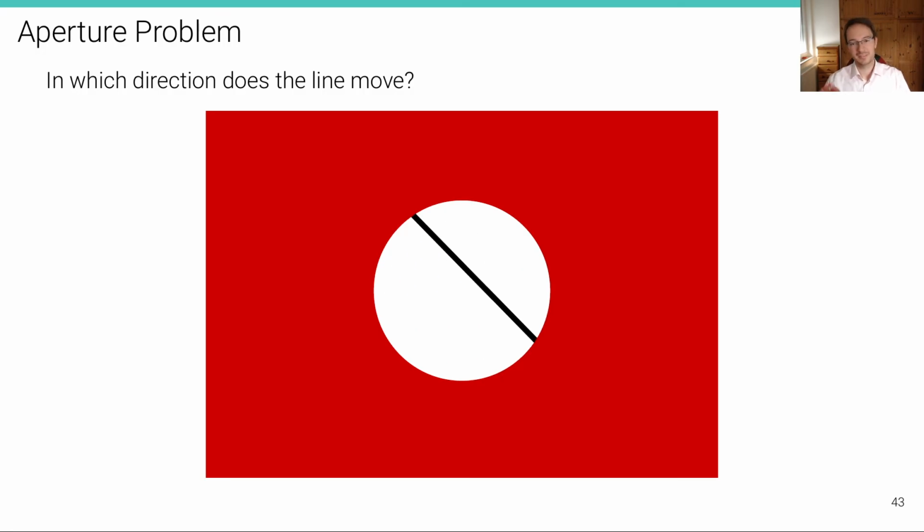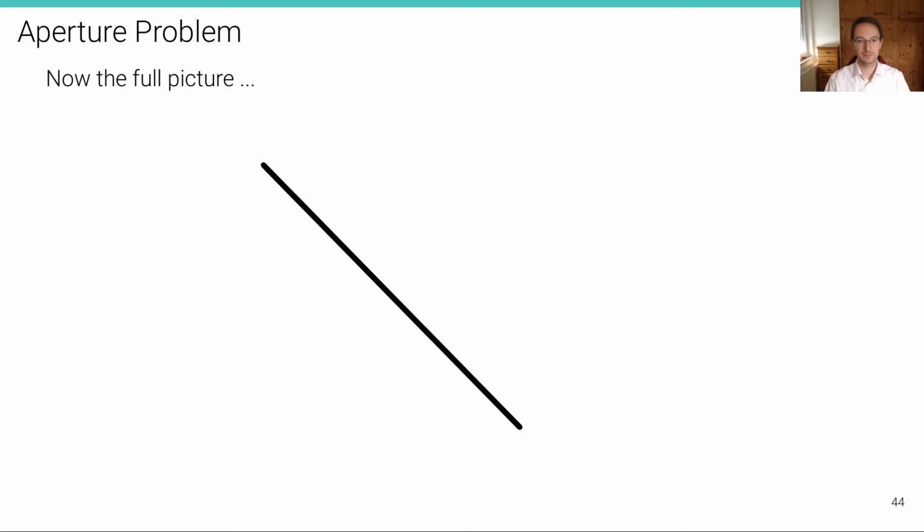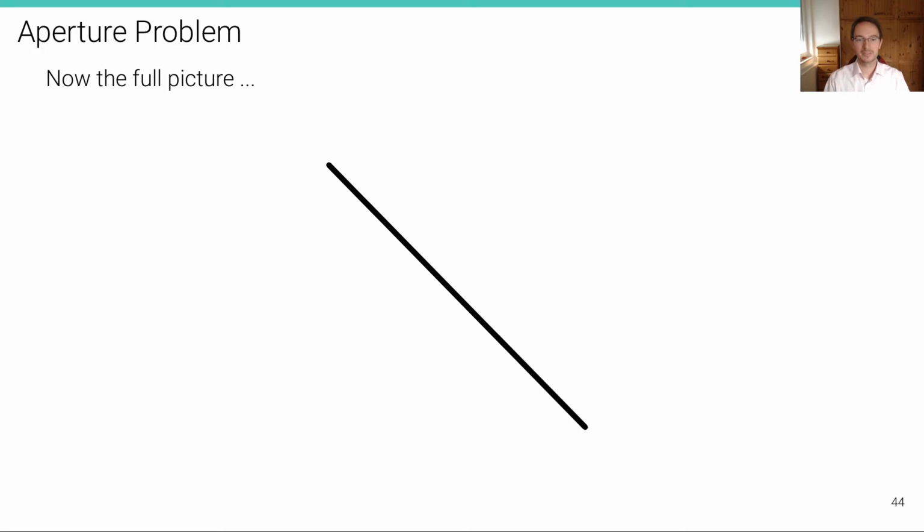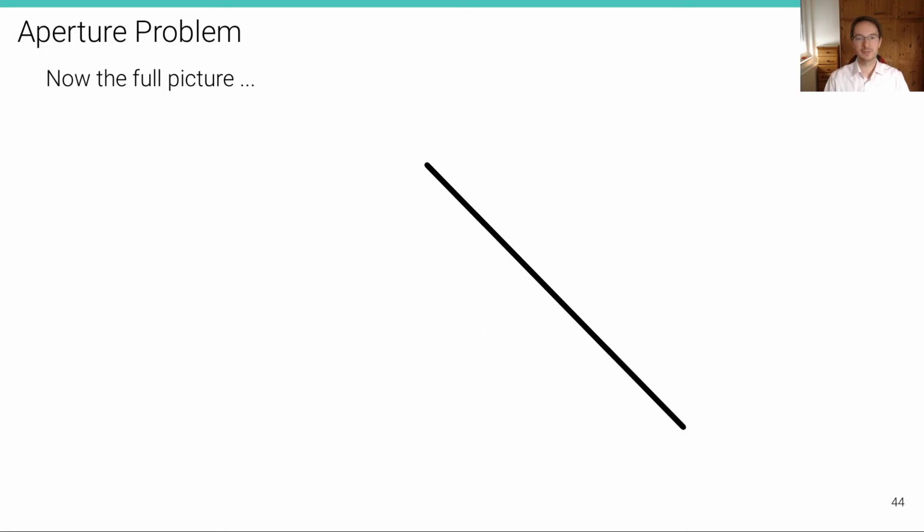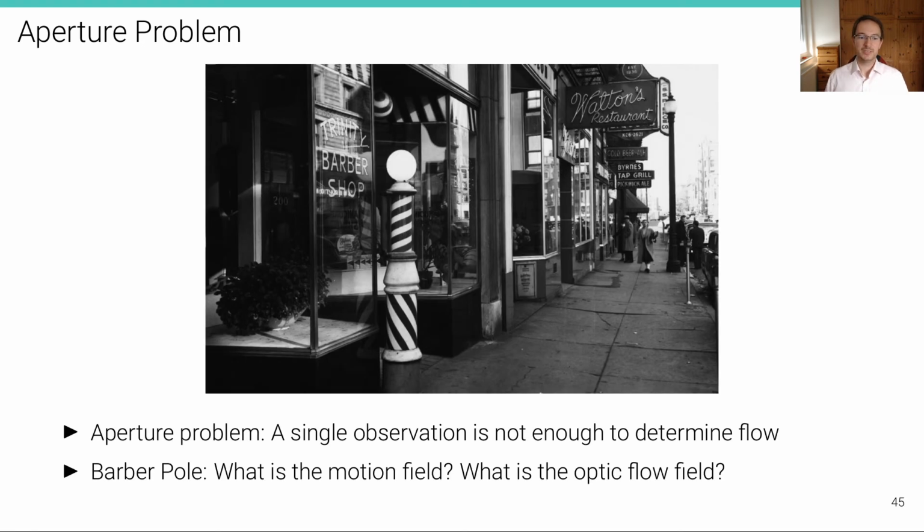But if I show you exactly the same scene now without the aperture, removing the hole, you can see that there was a stick that was actually moving from the left to the right and not from the bottom left to the top right. This means that a single observation is not enough to determine optical flow, and that also makes sense mathematically.